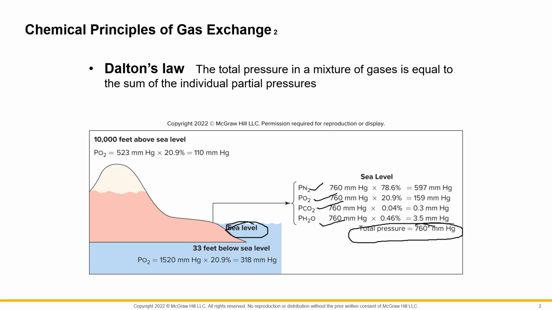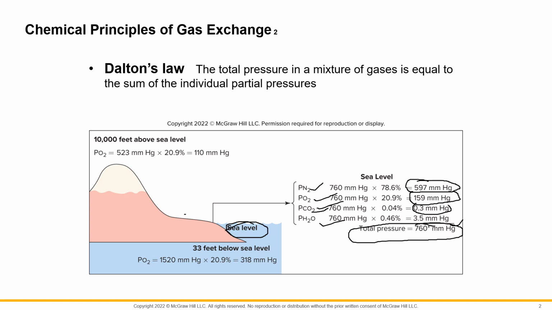So if you notice, nitrogen gas is actually more pressurized at 597 millimeters of mercury, followed by the partial pressure of oxygen, followed by carbon dioxide and water, which are very, very small compared to the other two.